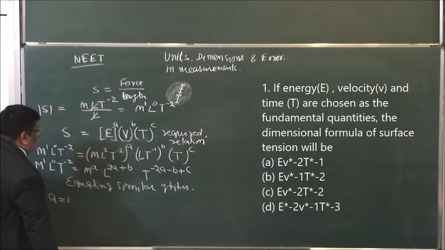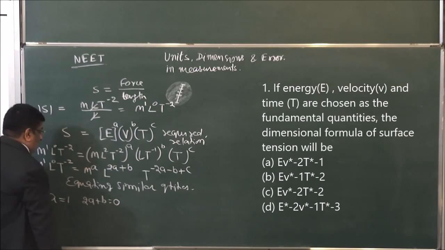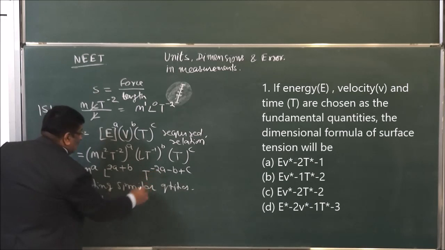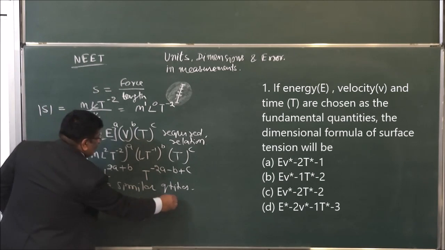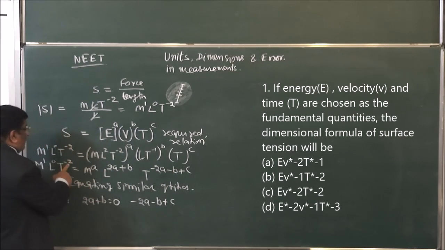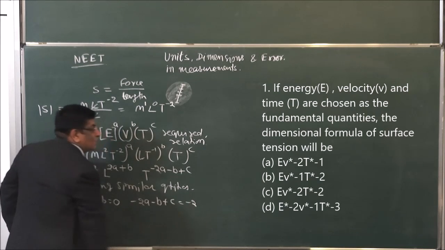We got the value of A. Now L to the power 0 equals L to the power 2A plus B, so 2A plus B is equal to 0. Third, minus 2A minus B plus C is the power of T, and the power of T is minus 2. So this is equal to minus 2.